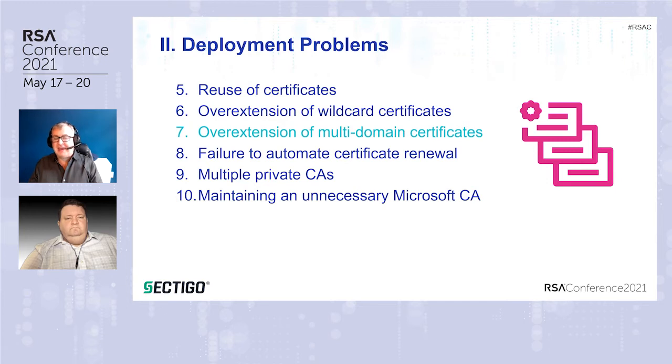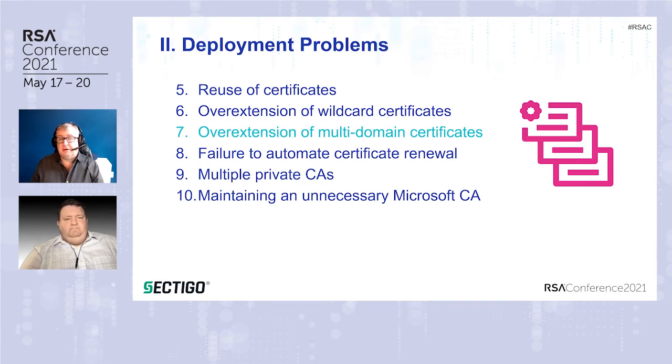So again, it's like reuse of certificates. I know the reasons why people do it. Those reasons are valid. Our environments are technically complex. And at the same time, just be careful about being lazy about it and make sure you're doing it because you must and not just because you can.